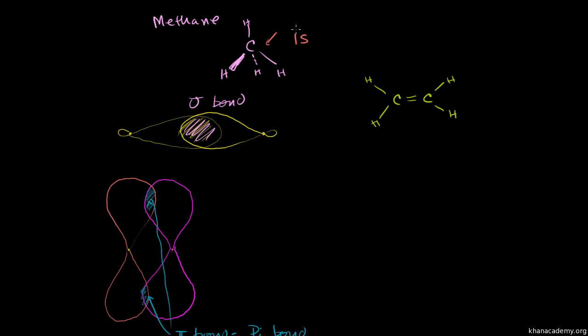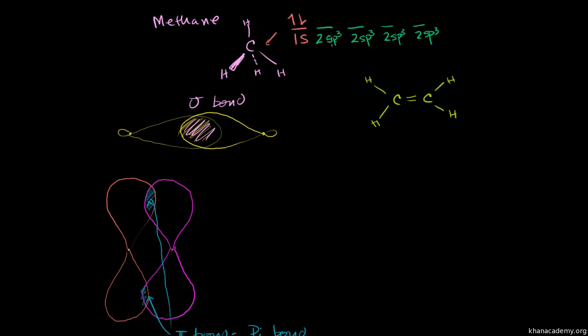In 1s, you had 2 electrons. And then instead of 2s, you had 2 electrons, and in each of the p's you had 1. The s's and the p's all got mixed up. And you had a 2sp3 hybridized orbital, another 2sp3 hybridized orbital, another 2sp3 hybridized orbital, and then another one.